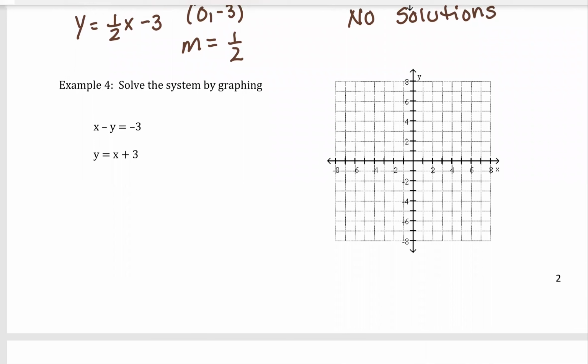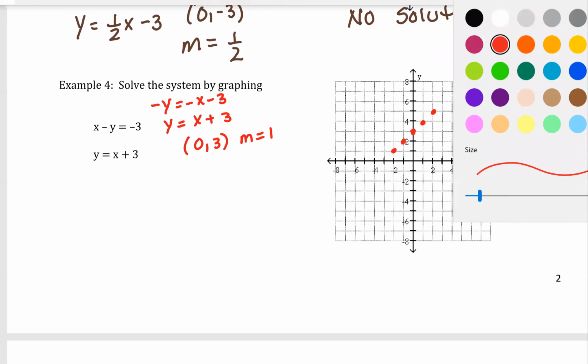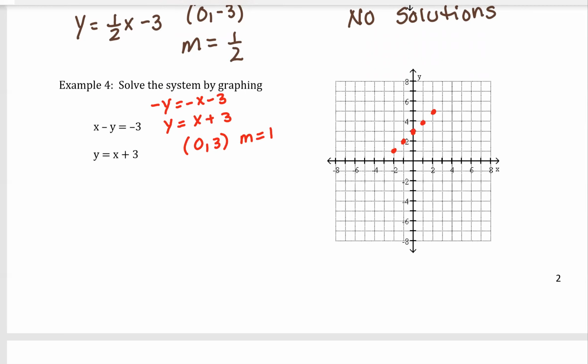I'm going to put the first equation in slope-intercept form by subtracting x from both sides, dividing everything by -1. The y-intercept is (0, 3), and the slope is 1. So I go up 1 over 1, up 1 over 1. Well, I notice that the second equation is the same as the first. The y-intercept is (0, 3), and the slope is 1.